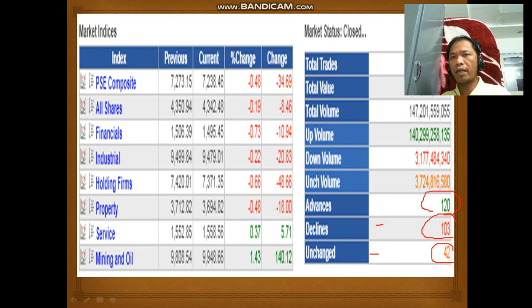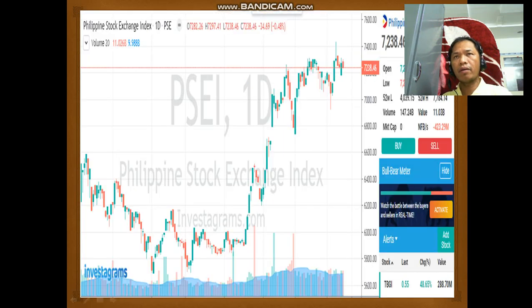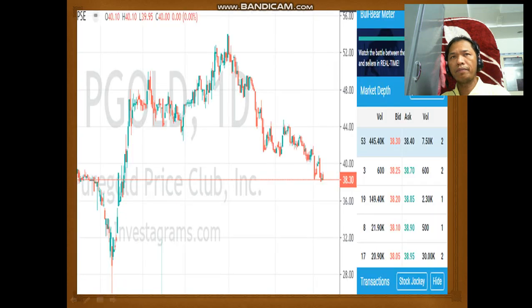Red means the closing price is below the opening price, and green means the closing price is above the opening price. So this is how to read the market. Now this is the PCI, it is red. The same principle. And Petron, PureGold also the same, it is red. So you know already if it is red.